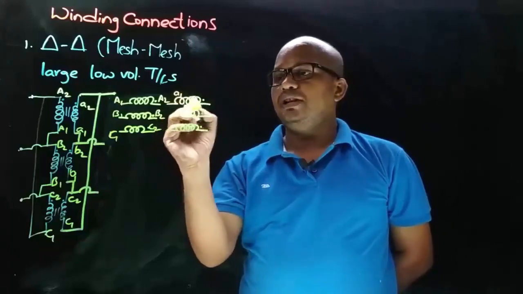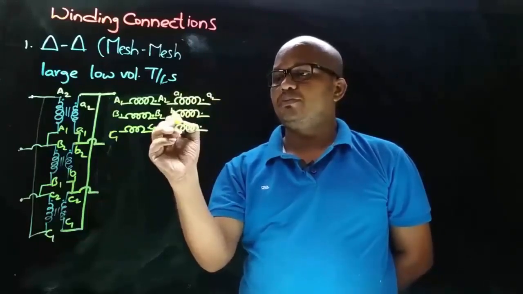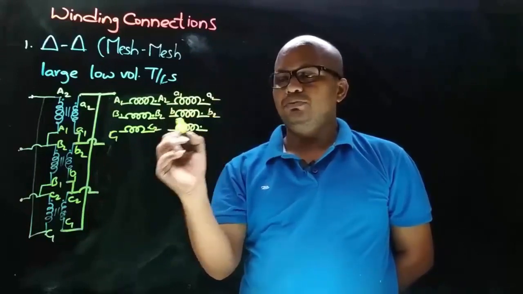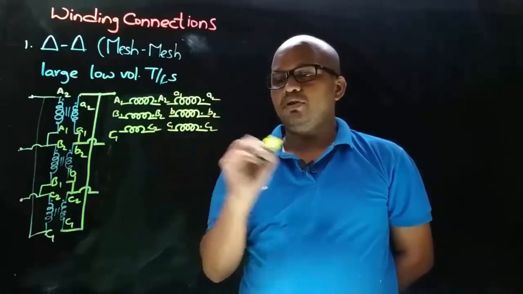So this is small a1 end and this is small a2 end, this is small b1 end, this is small b2, and this is small c1, and this is small c2 end.